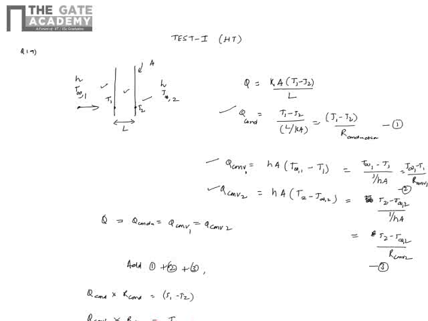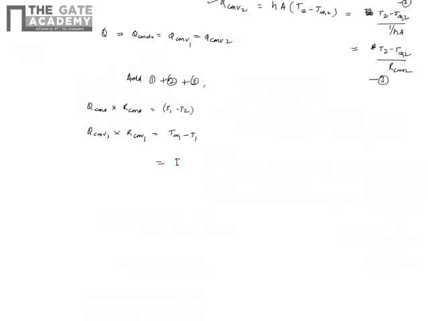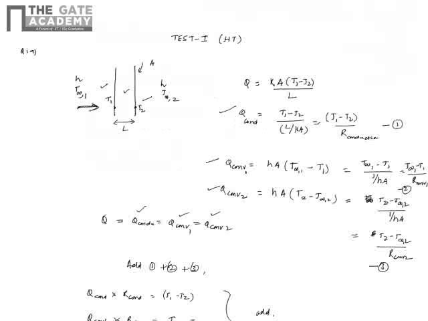The second is T infinity 1 minus T1, and third equation becomes T2 minus T infinity 2 equals Q times R convection 2. Now if I add these three, basically Q is same because the amount of heat transferred goes only outwards. There is no side heat change.